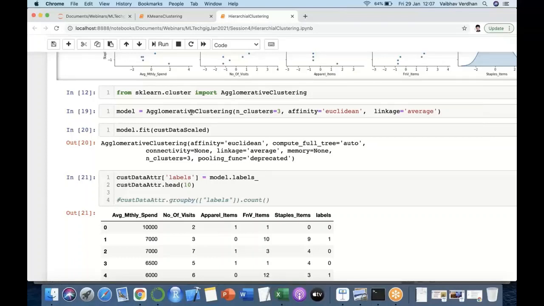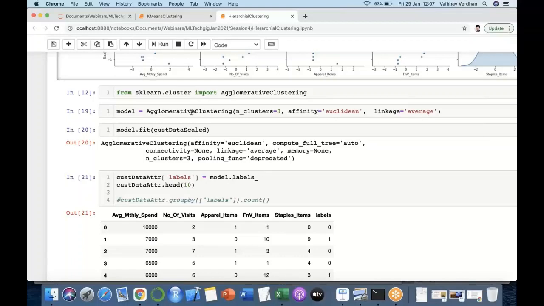It is similar to hierarchical clustering, and we gave it the input parameters which you want to have. Number of clusters is 3, affinity is Euclidean, and linkage is average linkage. There are different types of linkages you can use in hierarchical clustering methods, based on the relationship you want to have in your dataset.